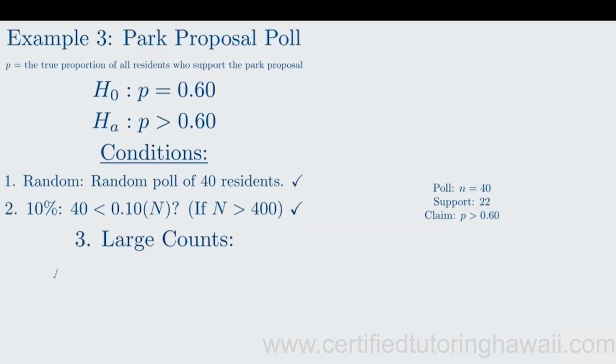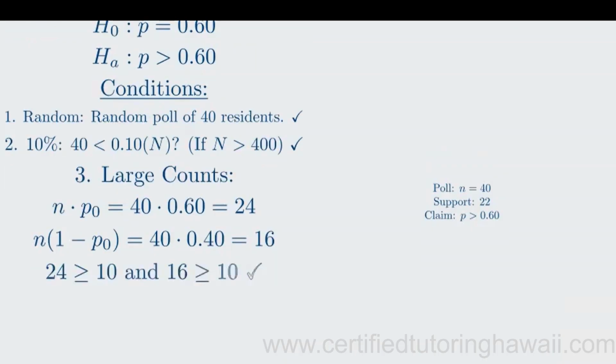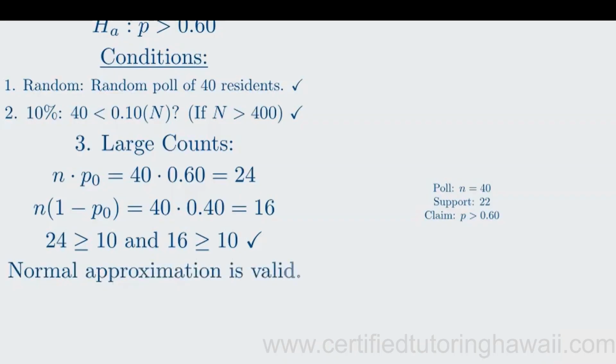Let's check the math. n times p0 equals 40 times 0.60, which equals 24. n times 1 minus p0 equals 40 times 0.40, which equals 16. 24 is greater than or equal to 10, and 16 is greater than or equal to 10. Even with a smaller sample size of 40, both the expected successes and expected failures are at least 10. This means the normal approximation is still valid.